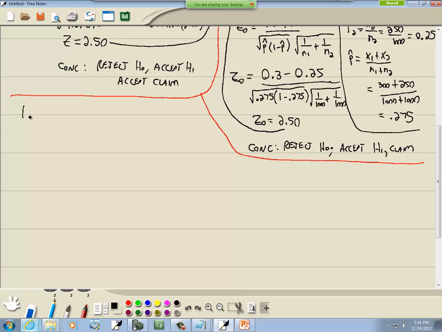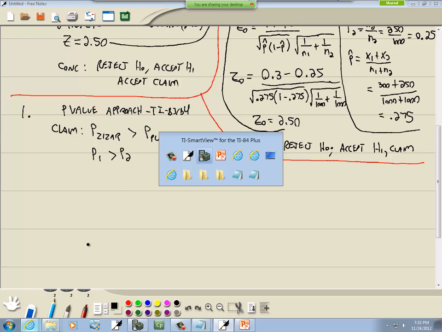Okay, number one, part 3. This is going to be the p-value approach, and specifically using a TI-83/84. I think it was the proportion of the Xizar is greater than the placebo, which was P1 is greater than P2.